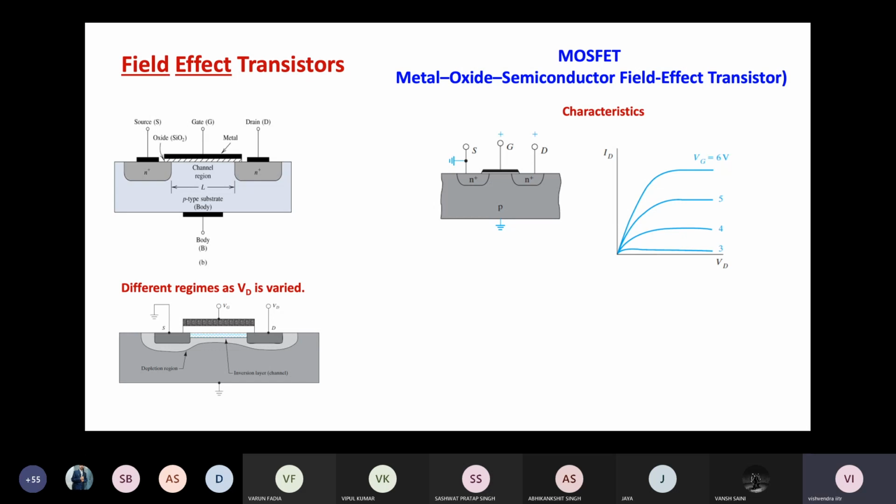So let's say on the gate we have 5 volts applied, so this layer of electrons is there, and if we apply a drain voltage, as the drain voltage is increased, the drain current will also increase. But after a certain point, let's say at this point, the drain current no longer increases.